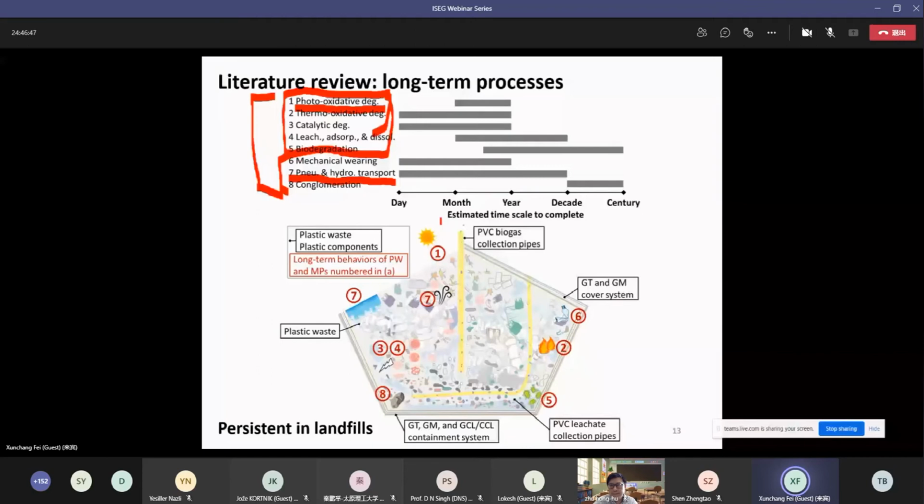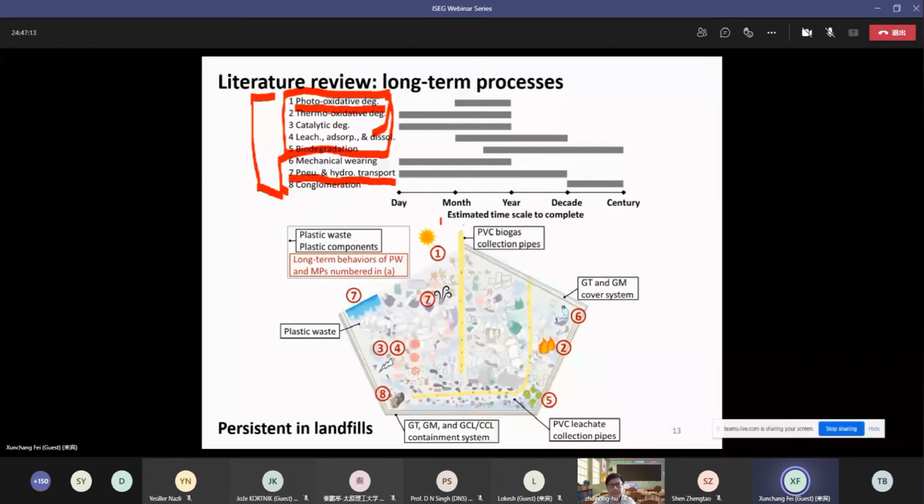Some of you may have noticed there are two very recent papers showing that microplastics have been found in landfill leachates. These were published, I believe, by He Pingjing, a very famous professor at Tongji University, and another paper was published by Xie Bing at ECNU. So they are the first to report the detection of microplastics in landfill leachates.